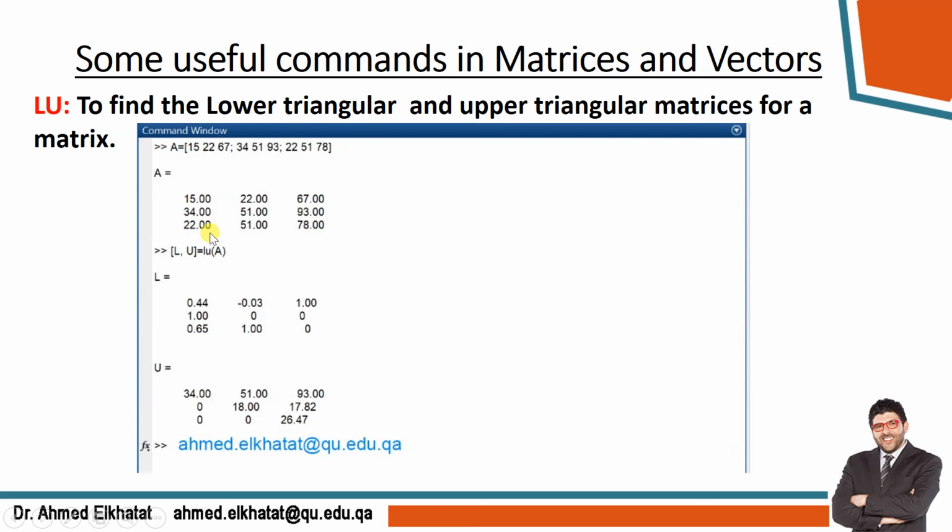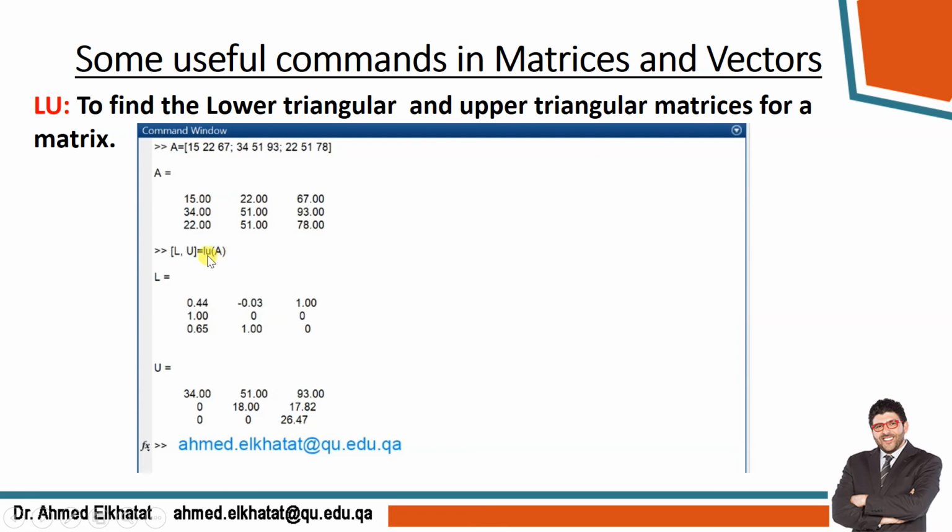Also, in matrices there is a specific command to find the lower and upper triangular matrices. If you want to find the lower triangle and upper triangle of a matrix, it's just lu.